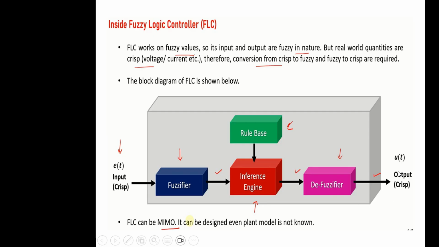And the actual output should be a physical value. But what we are having here happens to be fuzzy value. For us to be able to get physical value here that is going to work on a system or a plant, the fuzzy value needs to be converted back to the crisp value.